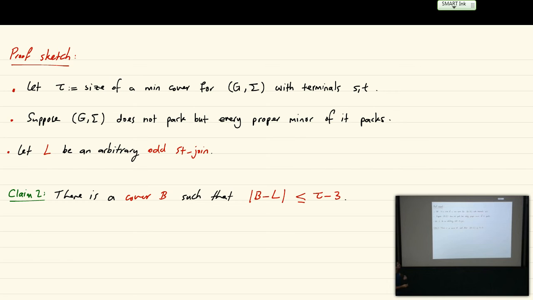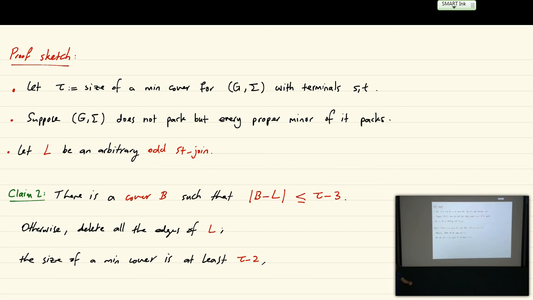And the proof is quite easy. What you do is you delete the edges of your odd S-join. And what's left, every minimum cover has size at least tau minus 2. You can find tau minus 2 disjoint odd S-joins. And those tau minus 2 disjoint odd S-joins together with L give me tau minus 1 disjoint odd S-joins. And that gives me the contradiction.